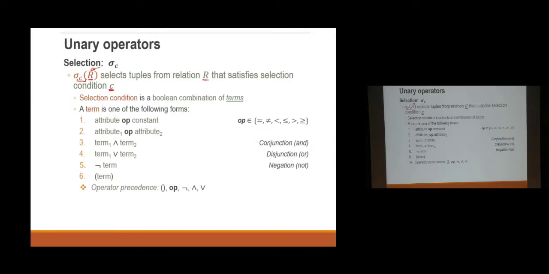Okay, and what can you write as a condition? It's mainly Boolean. Most of the symbols are the same. If it's equality, you use this, to check whether x is equal to y, where y can be a constant or another attribute. If it's not in a mathematical form, you write it this way.